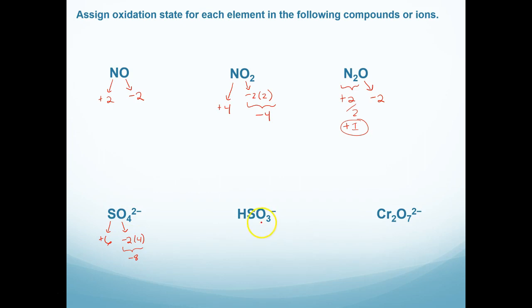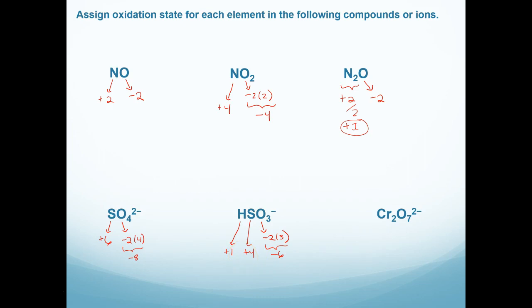Right? Here I have -2 oxidation state for oxygen, and I have 3 of them, so I get a total of -6. Hydrogen is always going to be +1, so if I sum these up and I need it overall to be -1, that means that this sulfur has to be +4. That way I get 5 minus 6. So the oxidation state is +4.